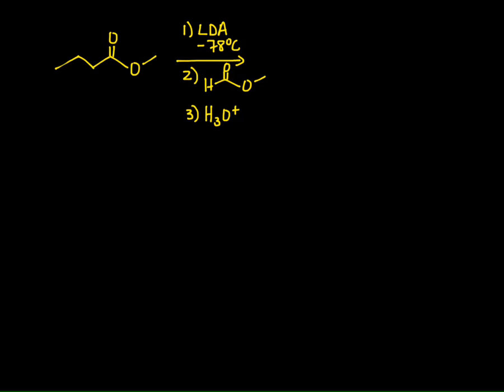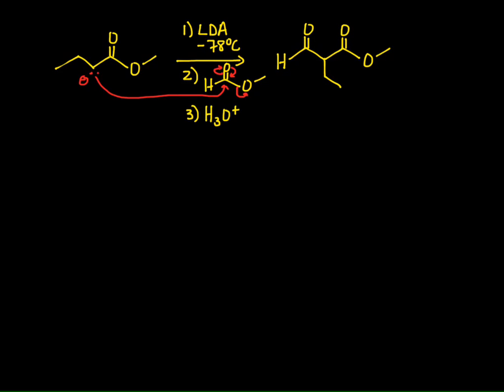That enolate can attack the carbonyl and generate our tetrahedral intermediate. We then get a collapse, reforming the carbonyl and elimination of the alkoxide, the methoxide. And then once we acidify, we get this beta-keto ester.